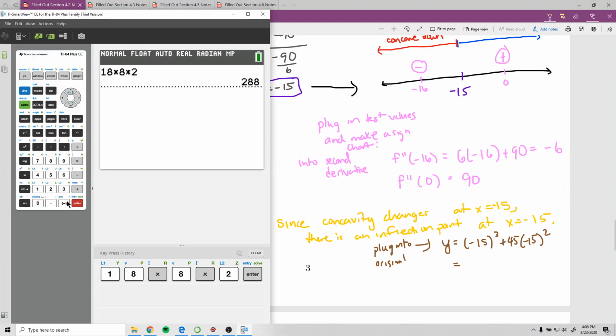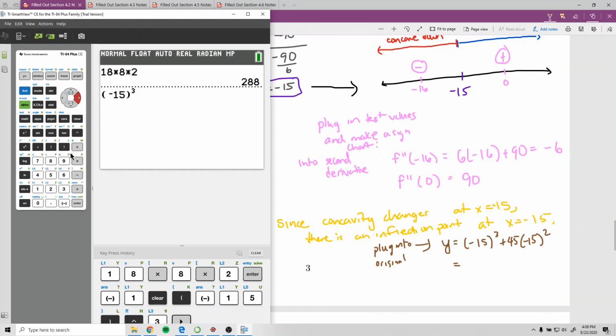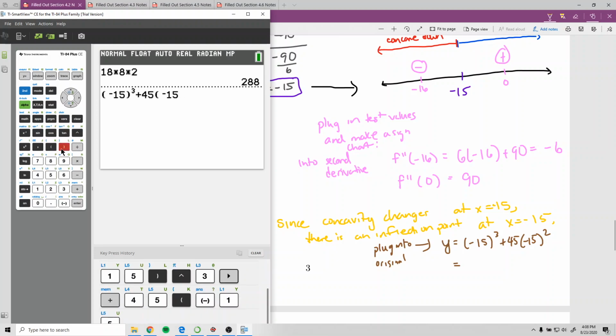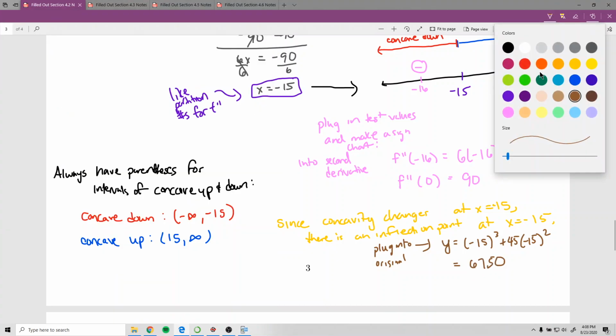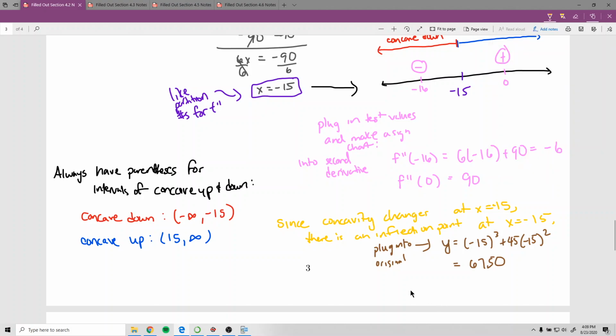And let's just do that with our calculator. Oops, forgot my parentheses. Negative 15 to the third power plus 45 times negative 15 to the second power. And it's pretty big, 6,750. So our answer here is the coordinate pair for the inflection point: negative 15 comma 6,750.